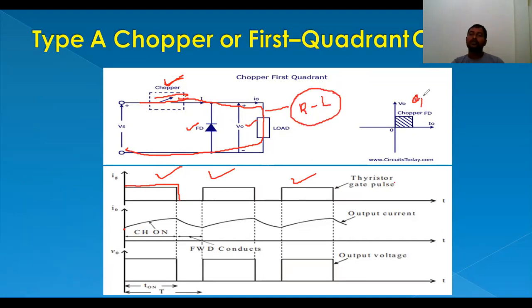First coordinate Q1 will work. The chopper will work in the first coordinate. So the inductor will charge its energy in an exponential manner until the chopper is in the on position.